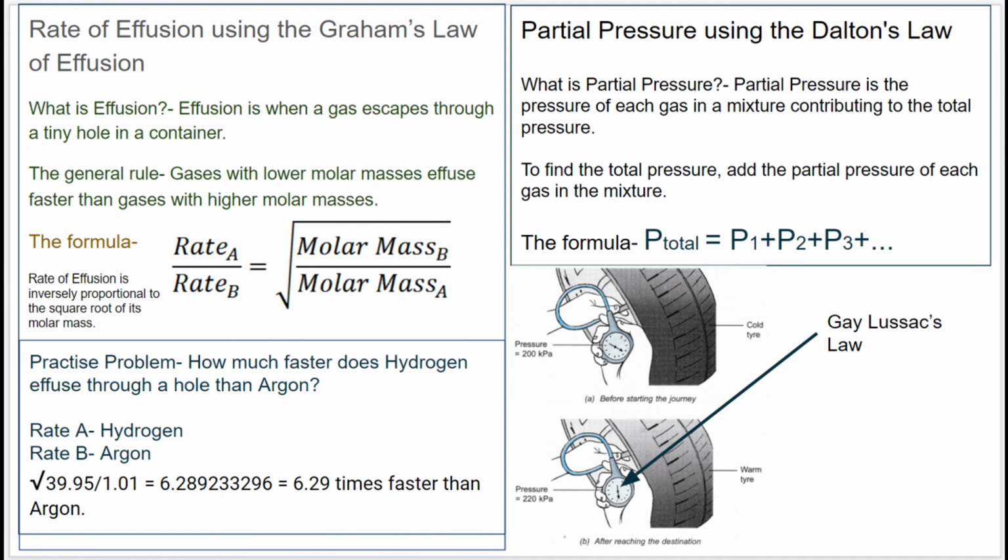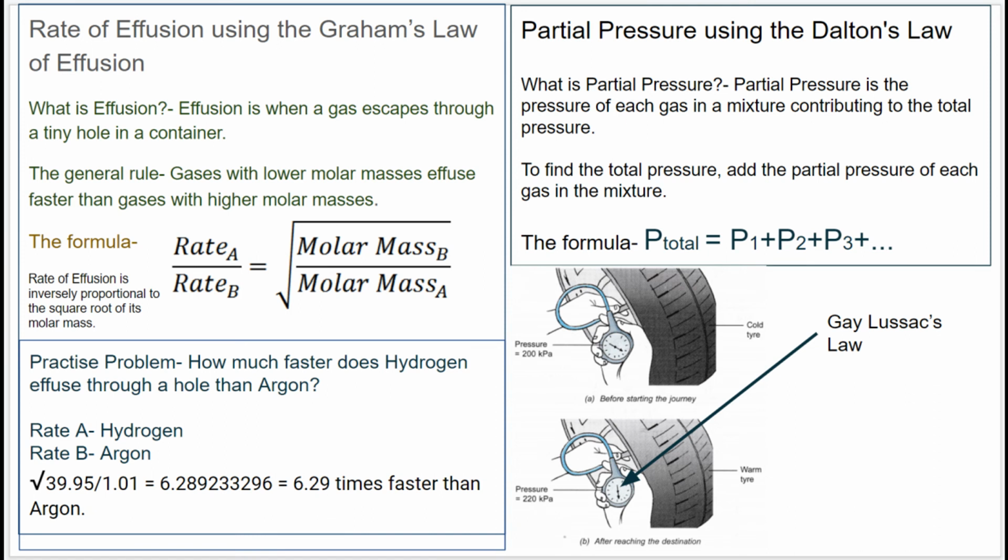So we can set rate A as hydrogen and rate B as argon, and we can solve by doing the square root of 39.95 divided by 1.01. So 39.95 is the molar mass of argon, and the molar mass of hydrogen is 1.01, and we get 6.29.